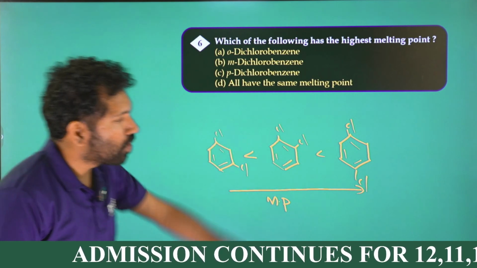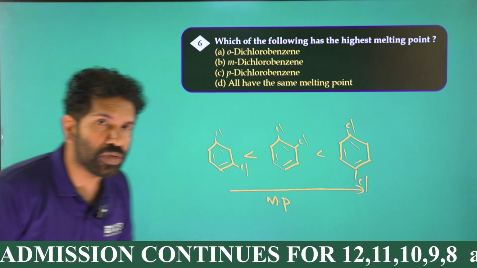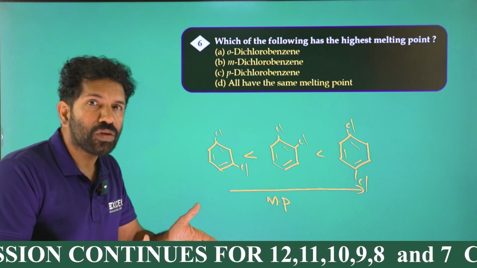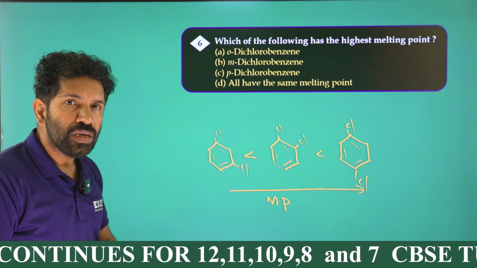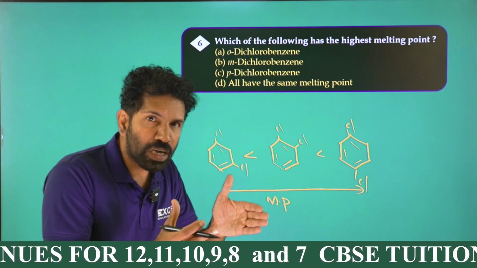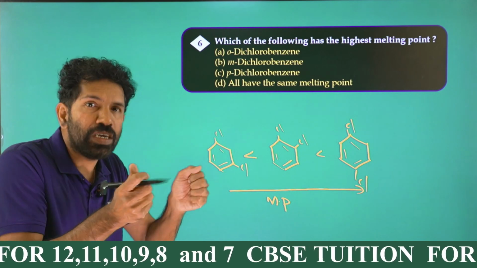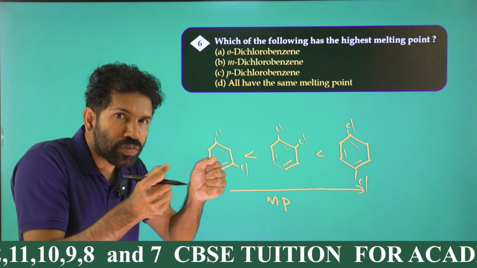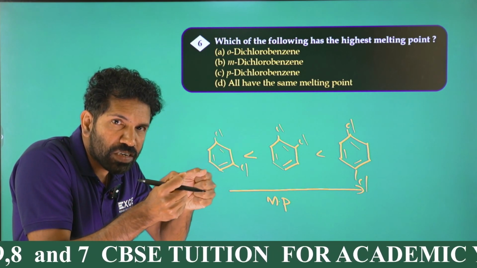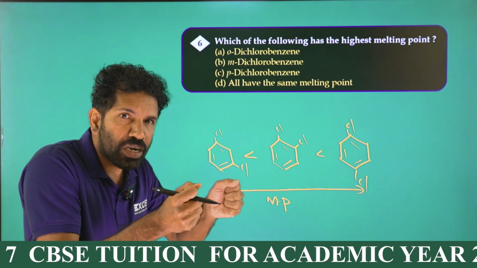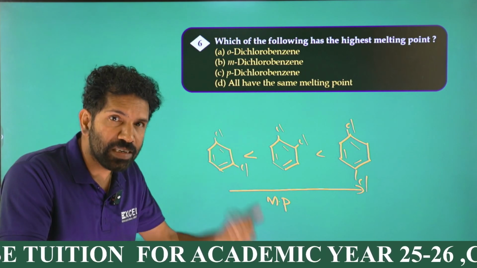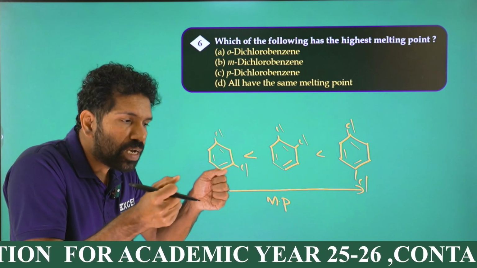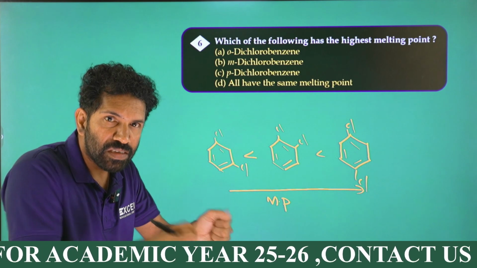Tell me why 1,4-dichlorobenzene has a high melting point. Because 1,4-dichlorobenzene has symmetry. Because of the symmetry, the molecules can be arranged closely in the crystal structure. When molecules are arranged closely, the attractive force between the molecules increases, and automatically the melting point increases.